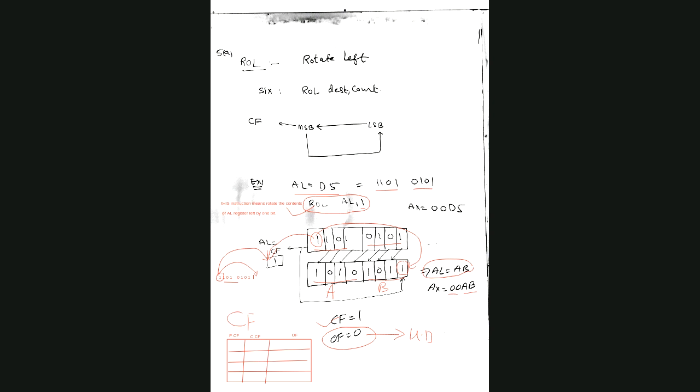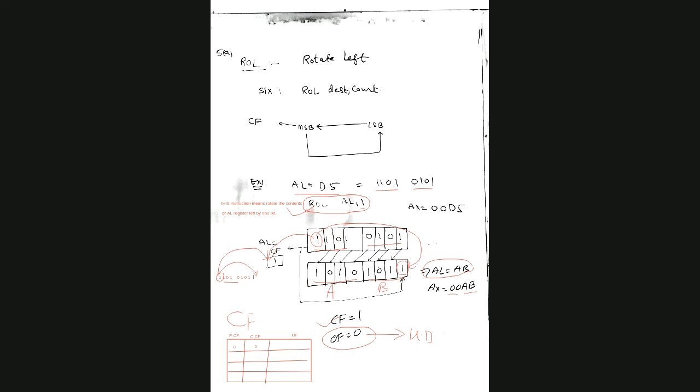Now let's make this a table. If the previous value of the carry flag is 0 and the current value of the carry flag is 0, what do you have to do? Previous value 0, current value 1; previous 1, current 0; previous 1, current 1.